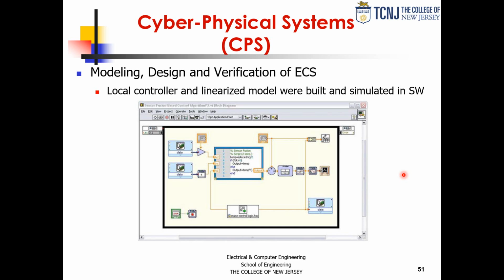But this is a LabVIEW model, and we have some sensor fusion going on. So we may have some sensors here, and we have some user command or control logic here as an input as well. So we can do some sensor fusion algorithm here, and that becomes some output that drives a plant.